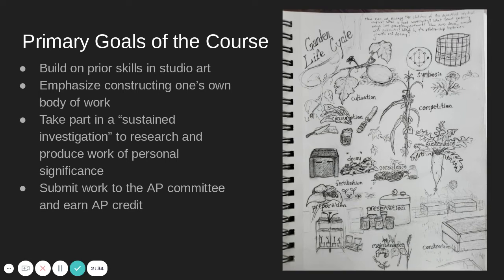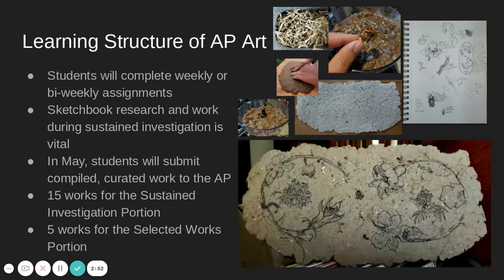And when that work is submitted, if students achieve a 3 or higher on the 5-number scale for their AP, they, depending on the school they choose, may be able to earn college credit for it, but will certainly earn the AP credit for it. So let's move on to the next one.